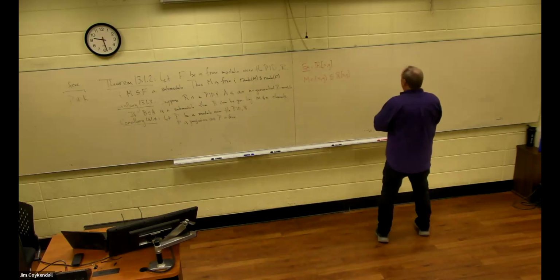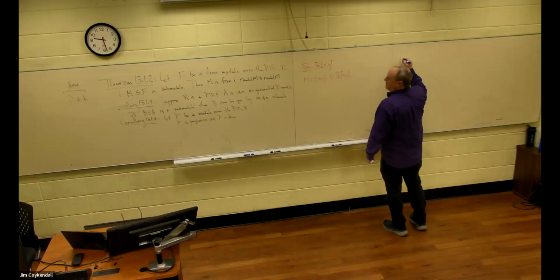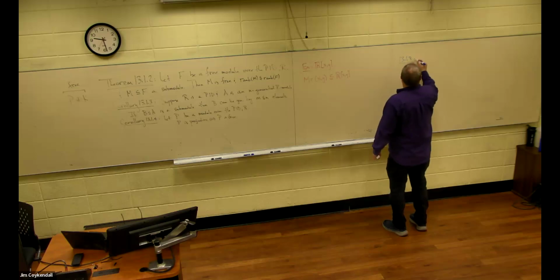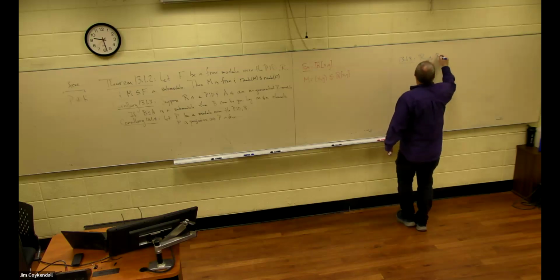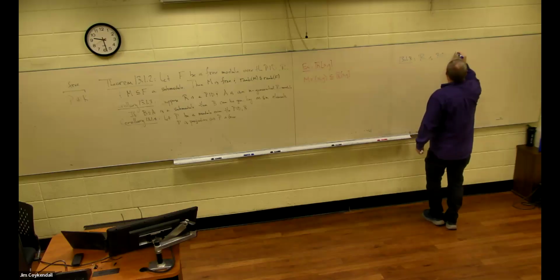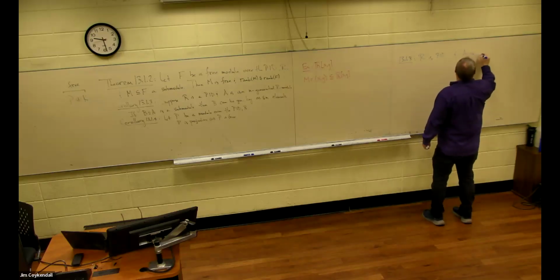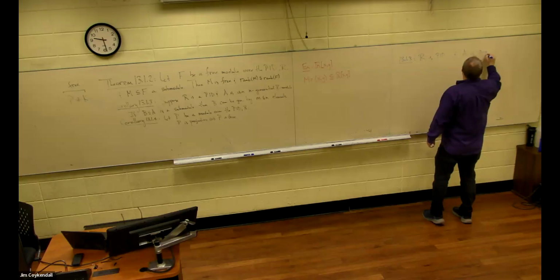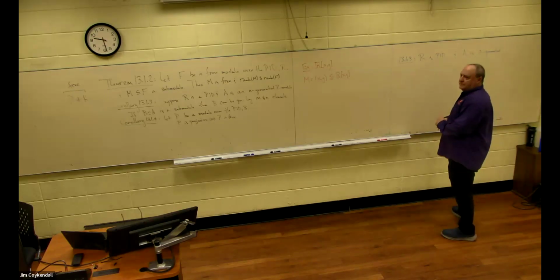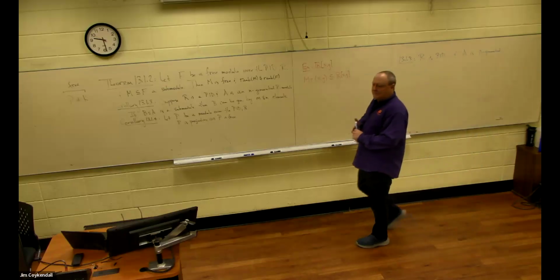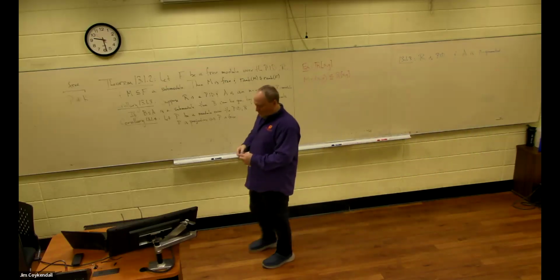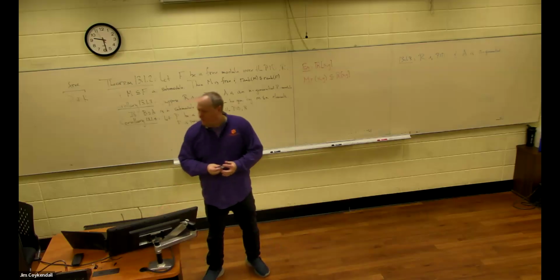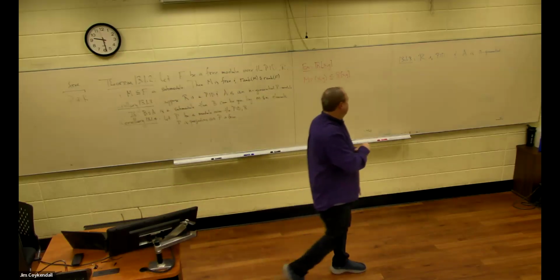Suppose R is a PID, and A is n-generated. Homomorphisms might be useful here.